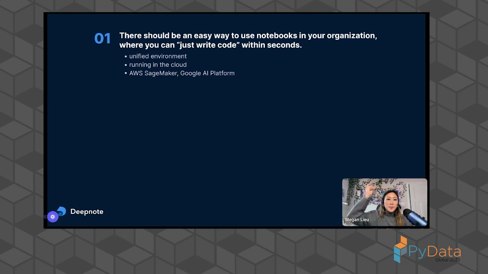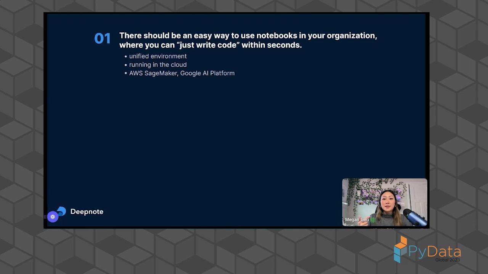One, there should be a place where data scientists can just write code when, say, an idea pops into their heads or they need to do some very quick and dirty exploratory analysis. Plenty of data scientists have Jupyter installed on their own machine, and they've figured out the most efficient way to run it for their own personal workflows.